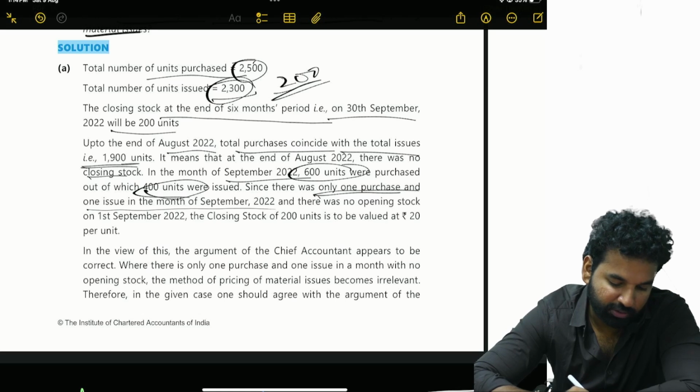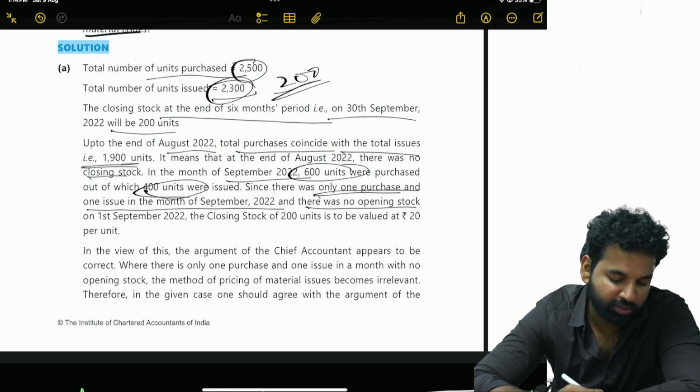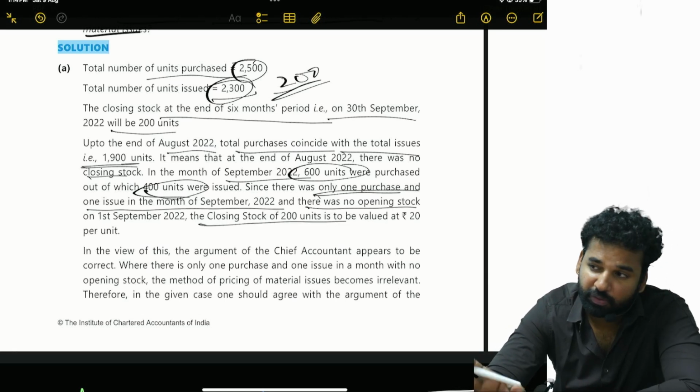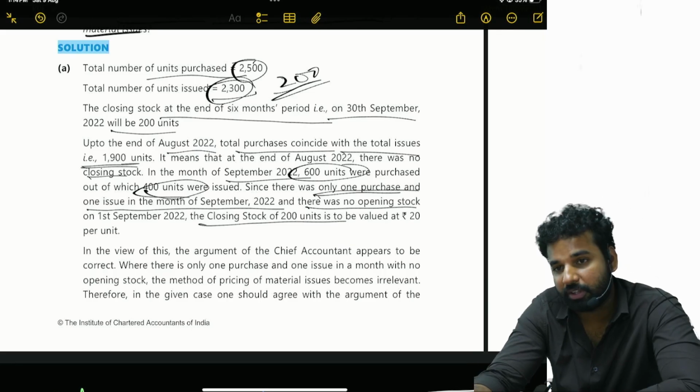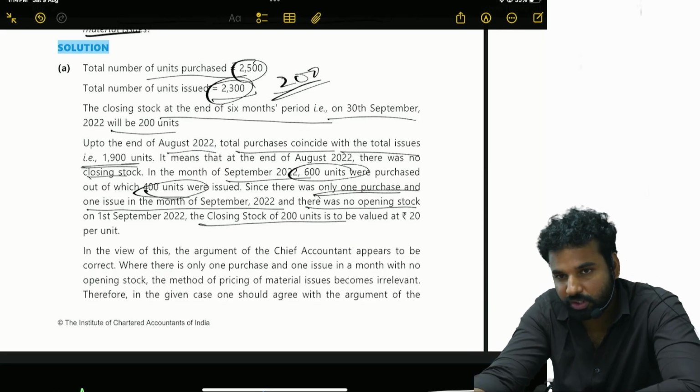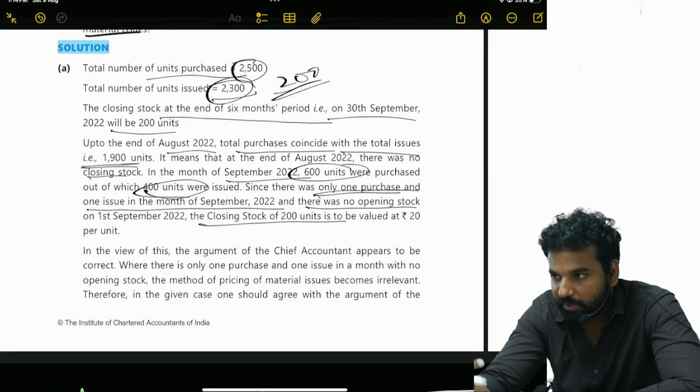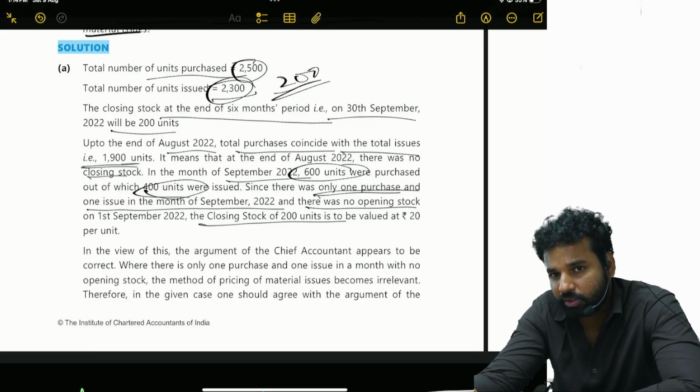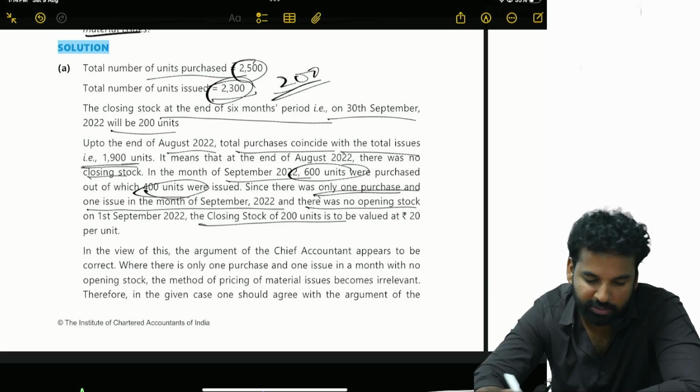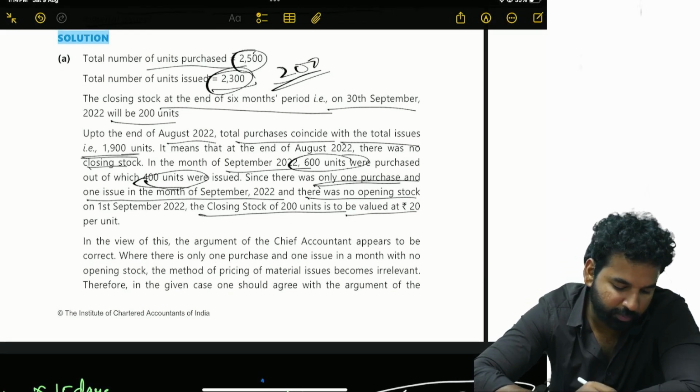So one issue in the month of September 22 and there was no opening stock. See, one purchase is there, multiple issues may be there, opening stock is 0. Even then, closing stock will be same. So it is to be valued at rupees 20 per unit.